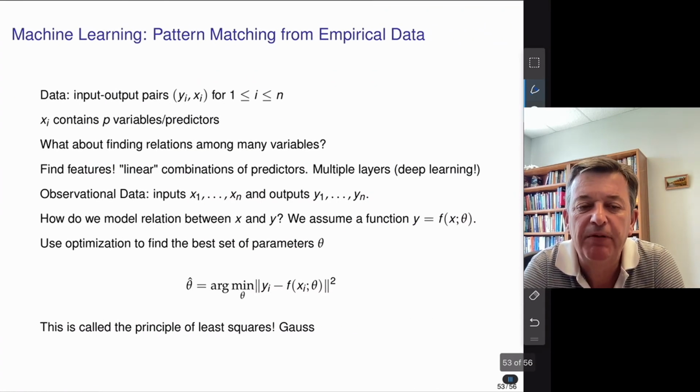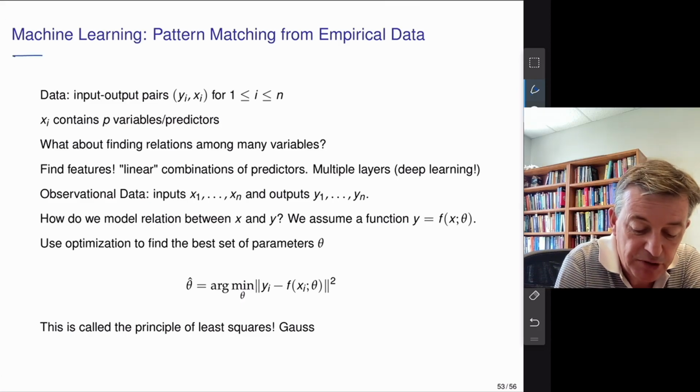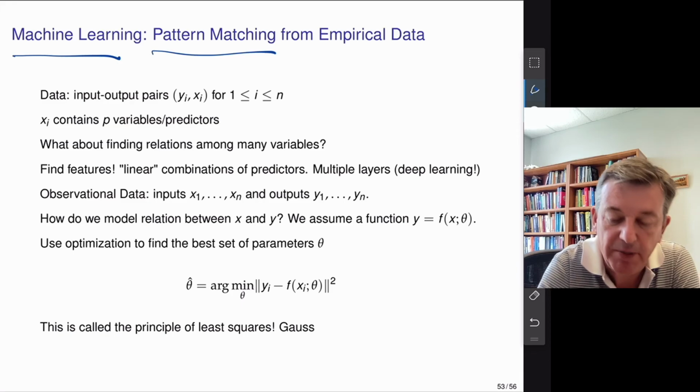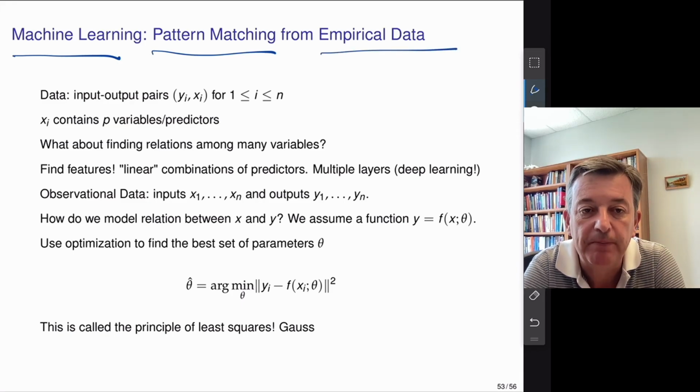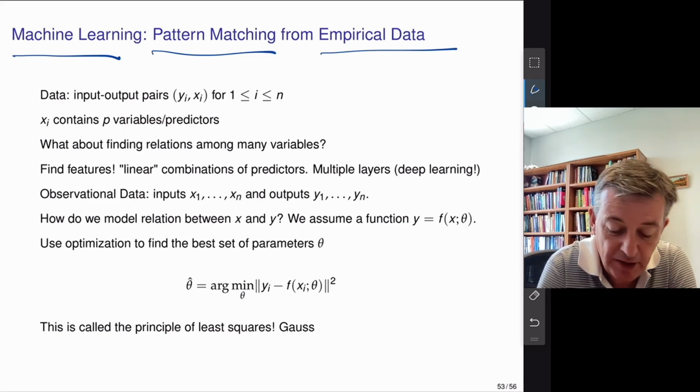Okay, let me finish this week with a little precursor of what's going to happen for the next few weeks in the course. So let me talk a little bit about machine learning, and let me talk a little bit about pattern matching from empirical data. Again, the last 10 years has seen an incredible explosion in such things.